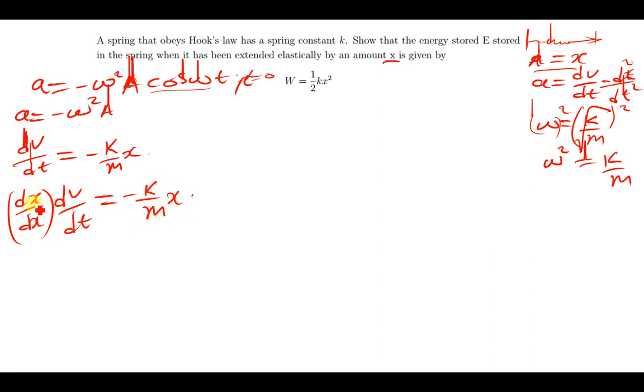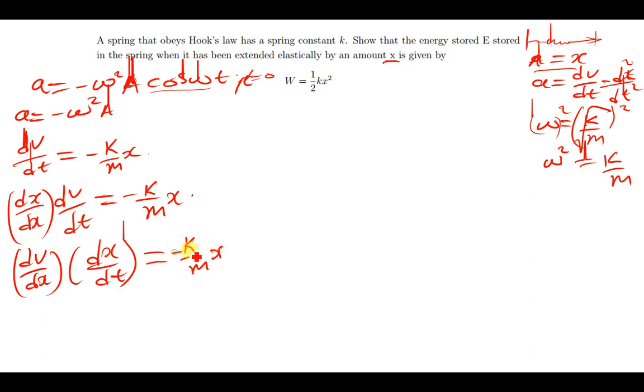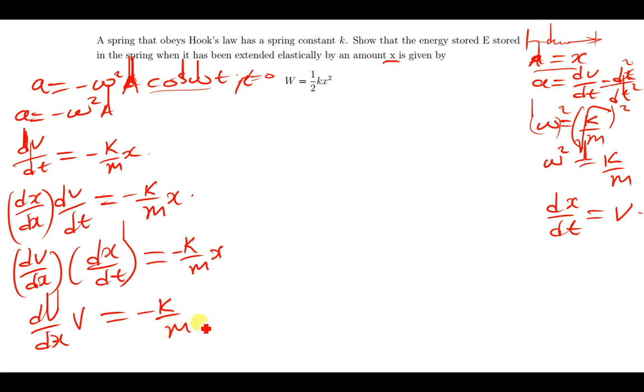We can exchange these, so we have dv/dx times dx/dt equal to negative k over m x. Remember that dx/dt, the change in displacement with time, is simply velocity. So we have dv/dx, and v there is equal to negative k over m x.